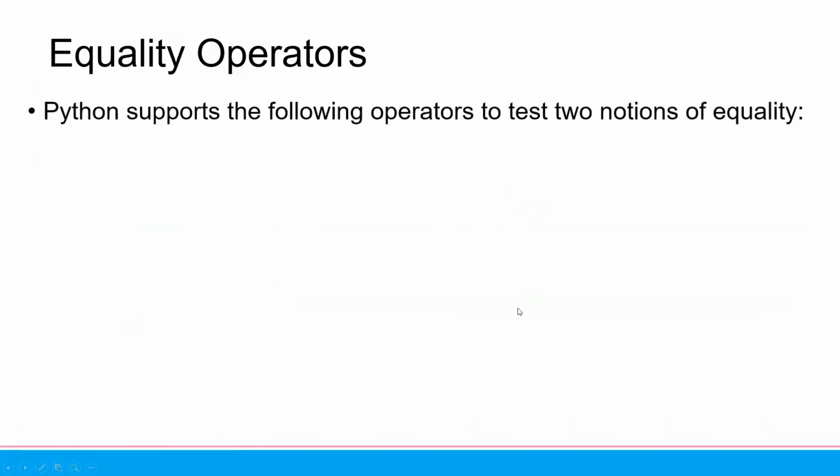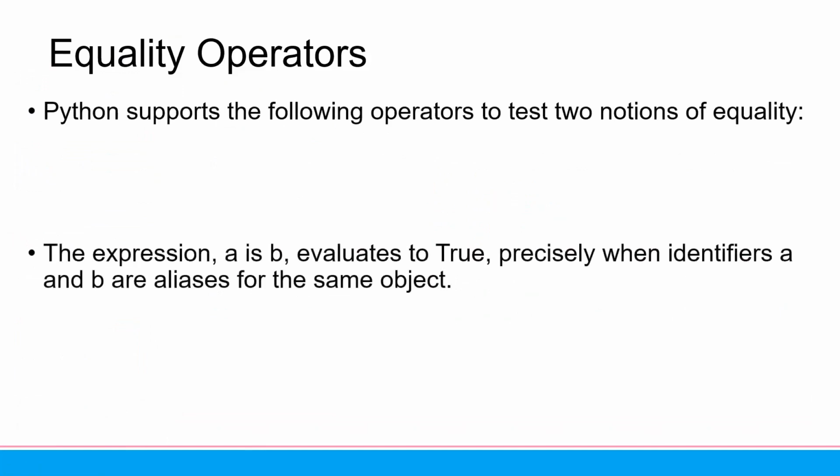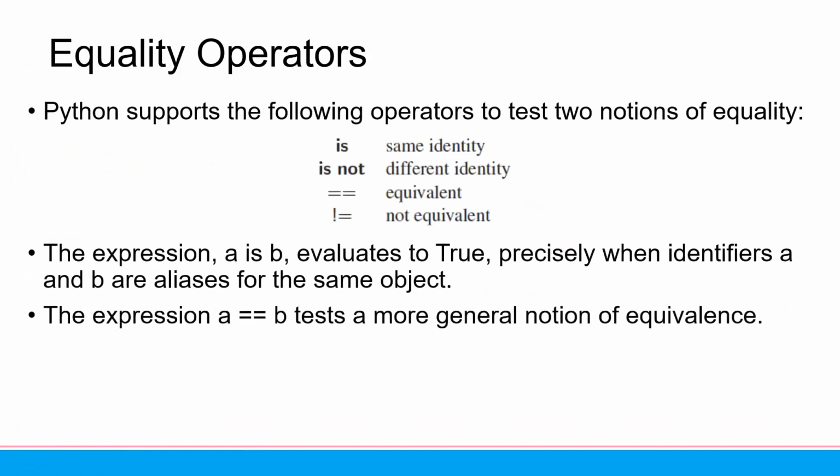Equality operators. Python supports the following operators to test two notions of equality. Is means we have the same identity. Is not means we have different identity.